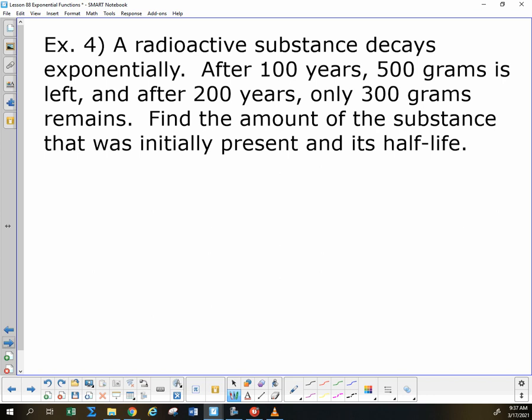Okay, I can do my general equation first. I can say that after 100 years, I have 500 grams. And I don't know K and I don't know the initial amount.